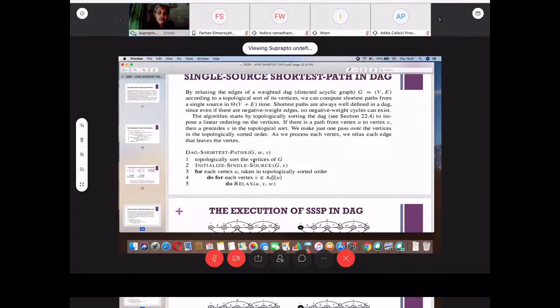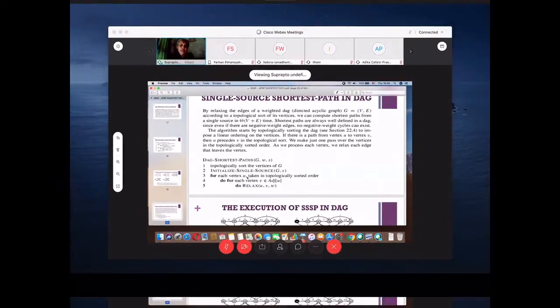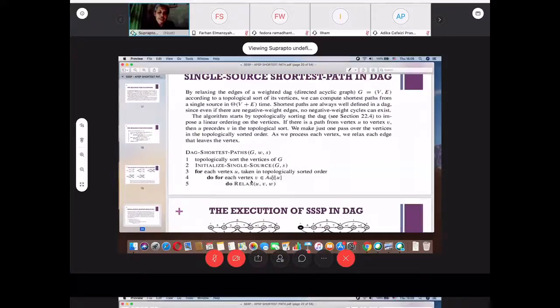Now, once the graph is sorted topologically, then we can call initialize single source as done in the Bellman-Ford. And then after initialization, we do the extraction. But in this case, there is an order for the chosen vertex, because each vertex U is taken in topologically sorted order.